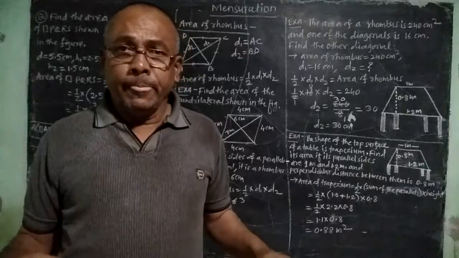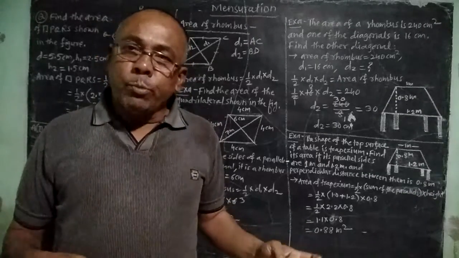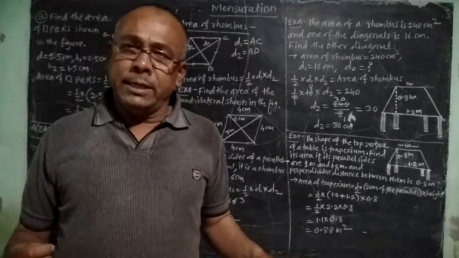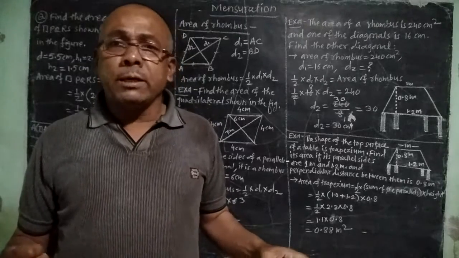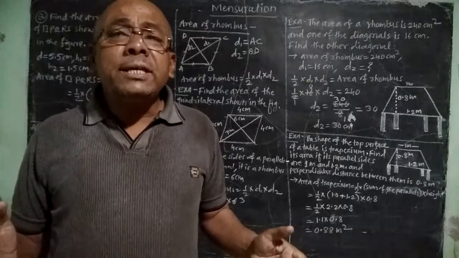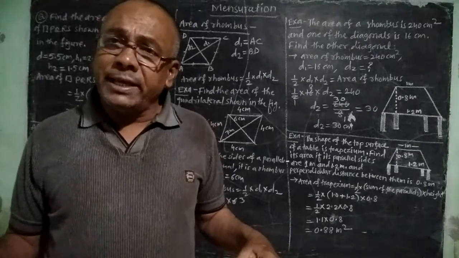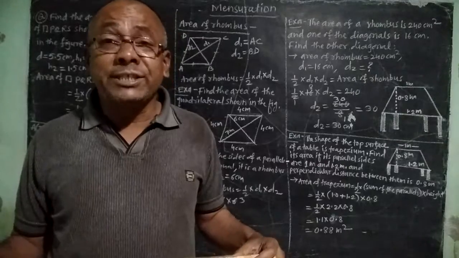We know that cube, cuboid, cylinder, sphere and cone, these are the three-dimensional shapes or 3D shapes, or we can say them as solid shapes.